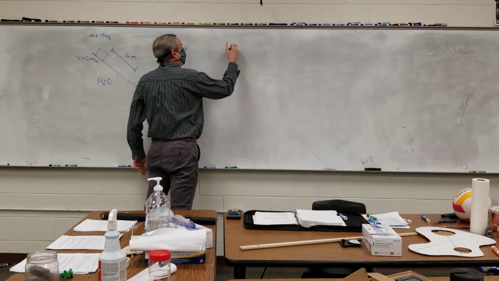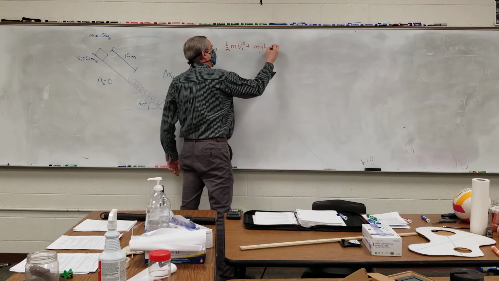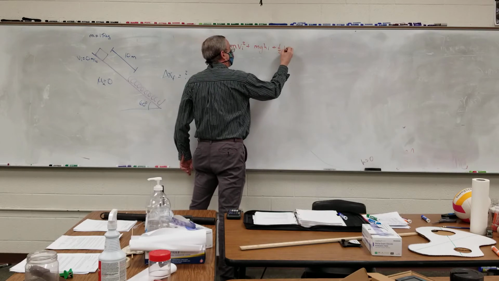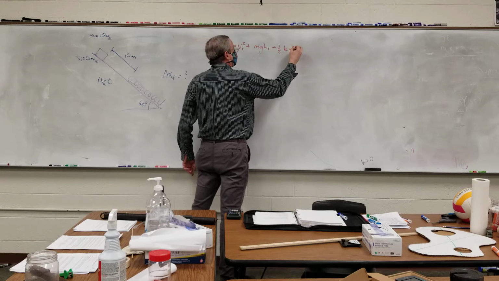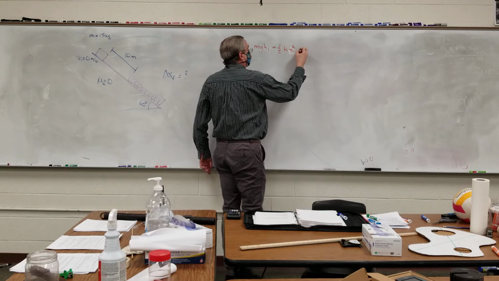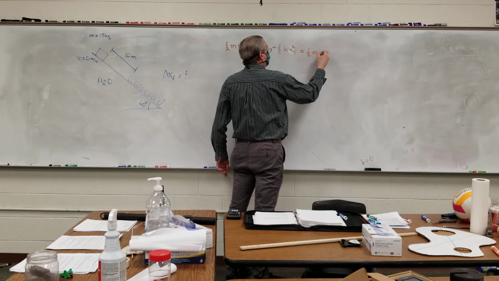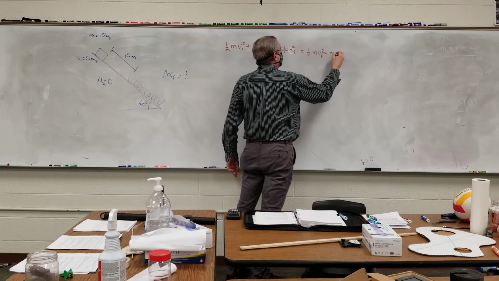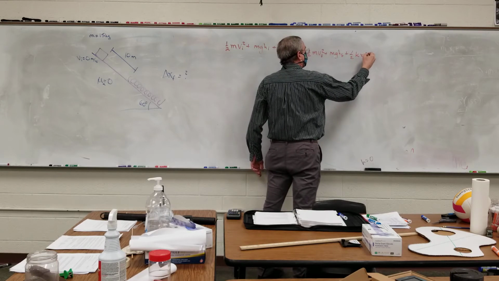We have 1/2 mv initial squared plus mgh initial plus 1/2 kx squared initial equals 1/2 mv final squared plus mgh final plus 1/2 kx final squared.